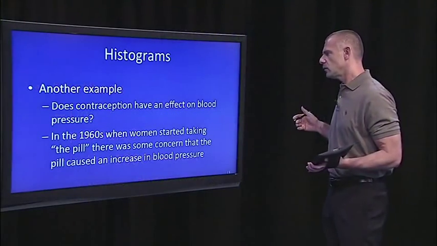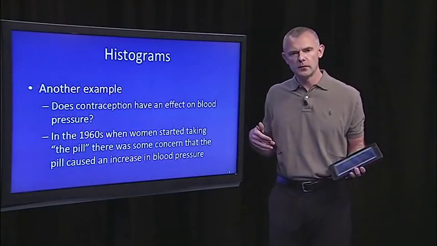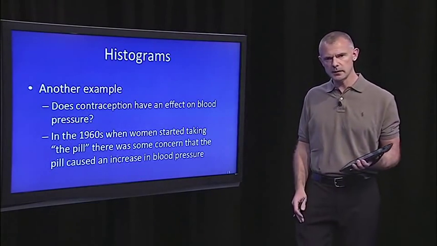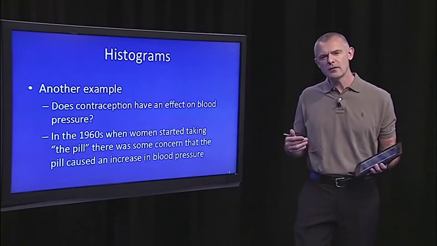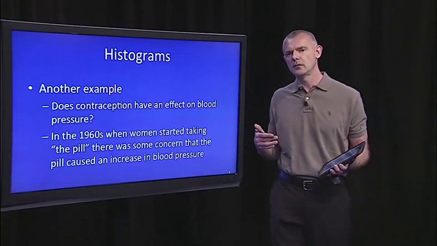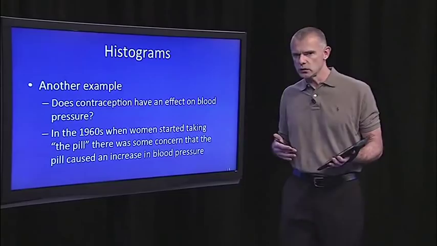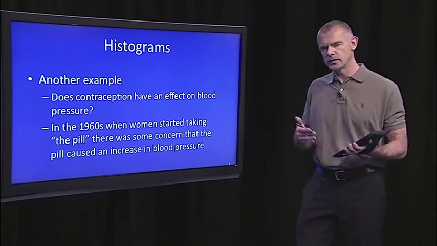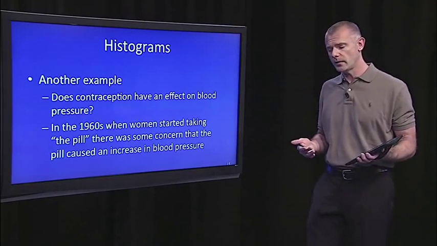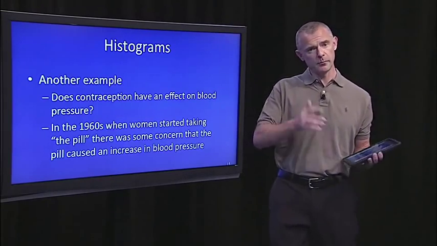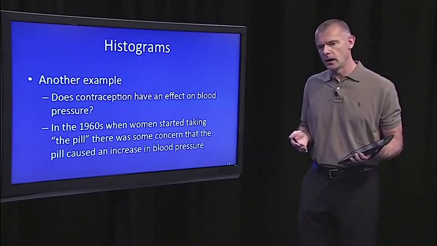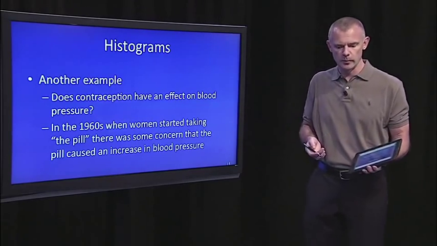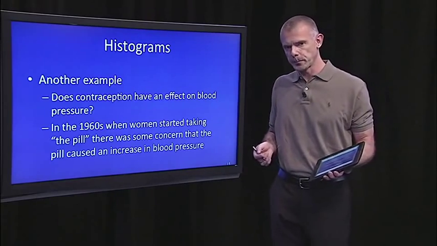In the 1960s, when contraception was first made available legally in the United States, the drug manufacturers were concerned that certain drugs were causing an increase in blood pressure. So they wanted to do a study to test whether women who were taking the pill, as it was called, had an increased blood pressure relative to women who weren't taking the pill.